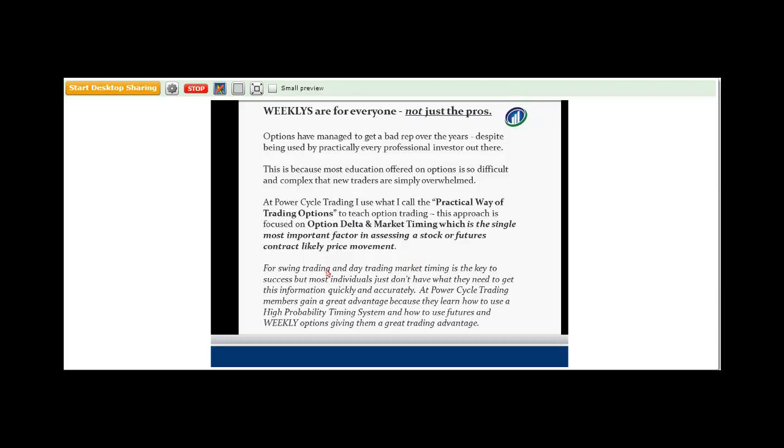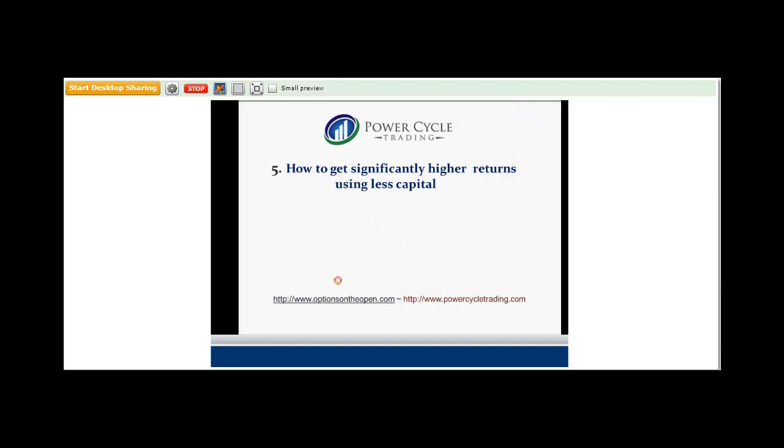For swing trading or day trading, market timing is a key element to success. But most individuals just don't have what they need to get this information quickly. So by using a system, which we have, in weekly options or futures, we've put together a great combination for day trading and swing trading.